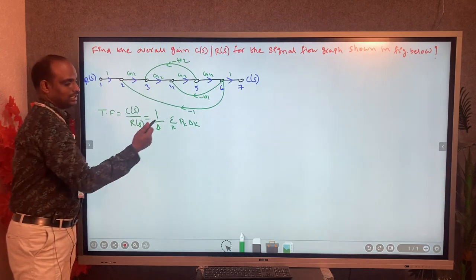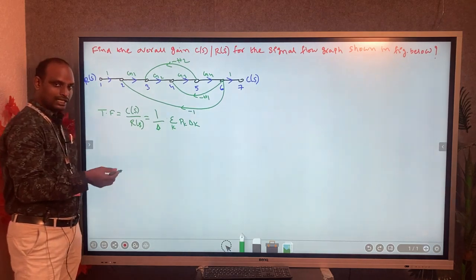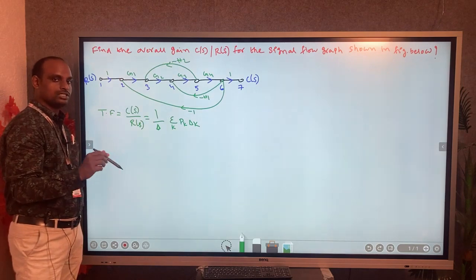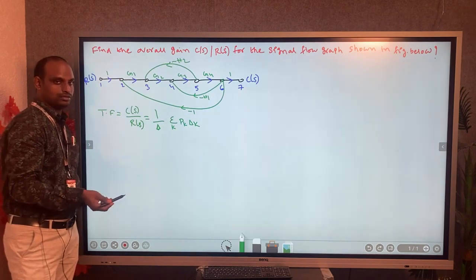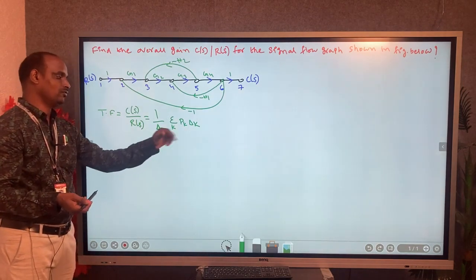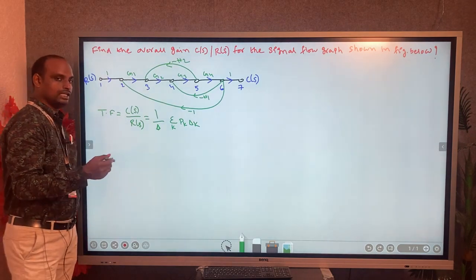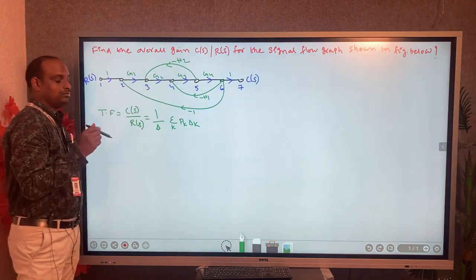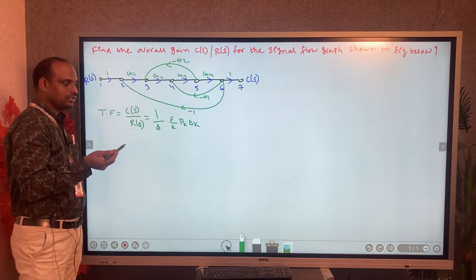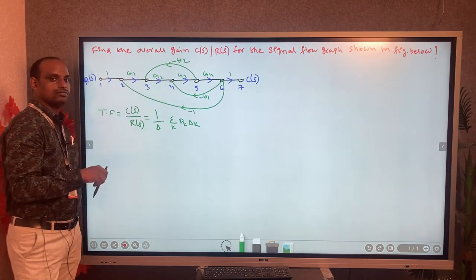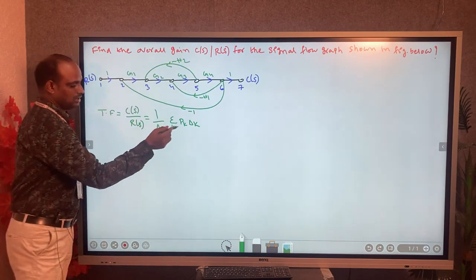And delta K equals delta for the portion of the graph which is not touching the kth forward path. For example, delta 1 equals delta for the part of the graph which is not touching the first forward path. So these are the parameters.